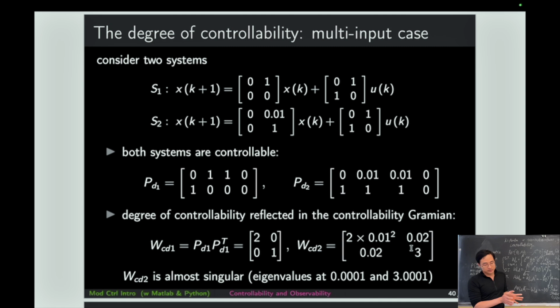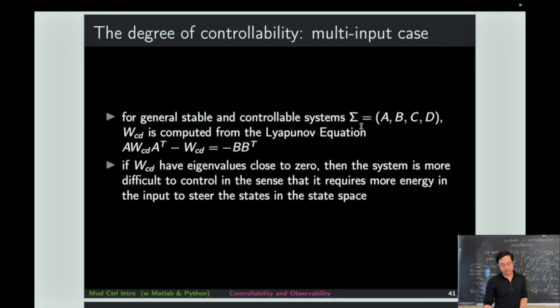So the Gramian for the second system is almost singular. Therefore, using the Gramian, you can calculate the degree of controllability easily for multiple input systems. In the general case, if the system is stable, the Gramian can be computed from the Lyapunov equation for the discrete time case. And if the Gramian is almost singular, or in other words, has eigenvalues that are close to 0, then the system is more difficult to control.